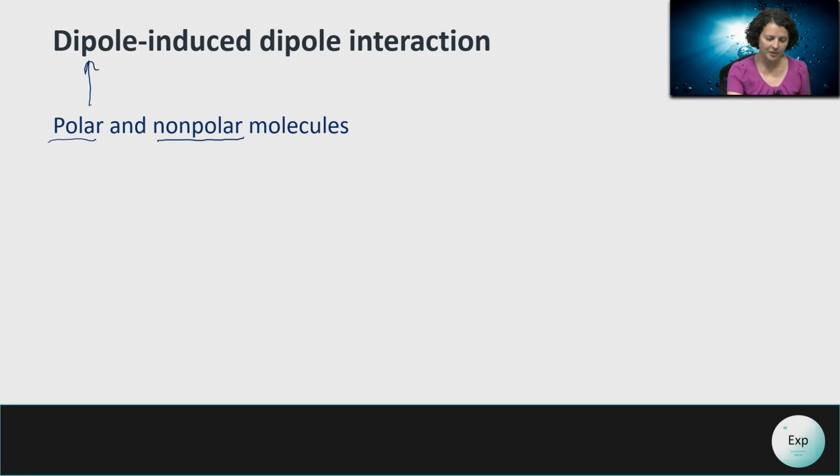This is the main reason why there is some oxygen dissolved in water. Oxygen is a molecule that is comprised of two oxygens doubly bound that share a pure covalent interaction. So it is nonpolar. By every definition, oxygen is nonpolar. And water is by every definition a polar molecule.